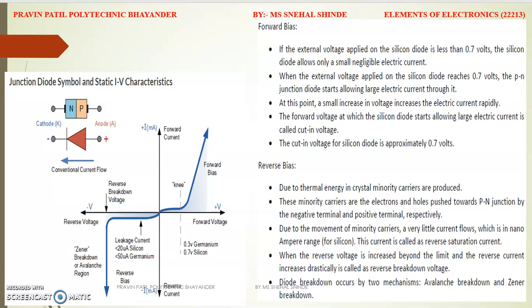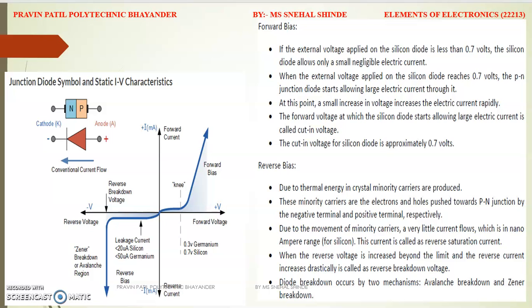So the voltage at which the forward diode current starts increasing rapidly is known as the cut-in voltage of a diode. The cut-in voltage is very close to the barrier potential. So cut-in voltage is also known as the knee voltage.